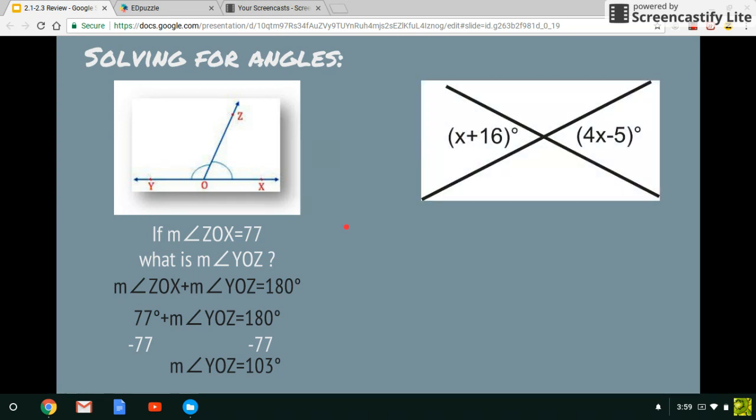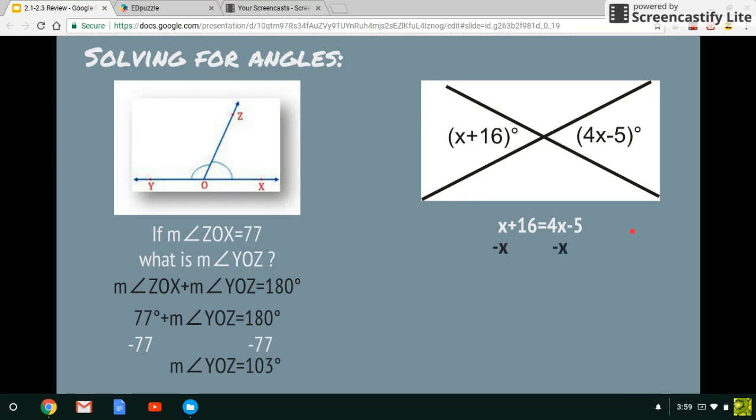Then for our next example, looking at these two lines cross, and these two angles are across from each other. So these are vertical angles. And we know that vertical angles have the same measure. So we can set them equal to each other. We can go x plus 16 equals 4x minus 5.